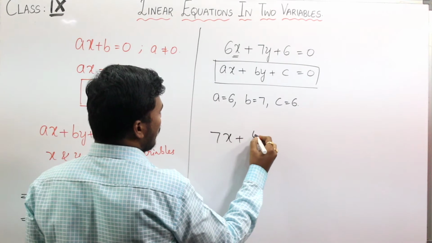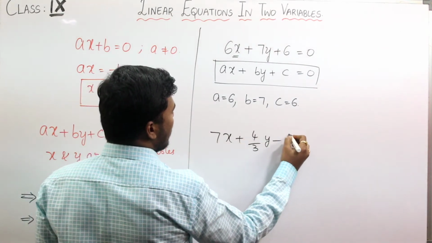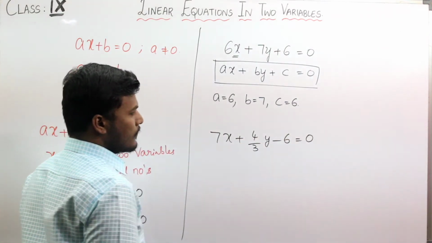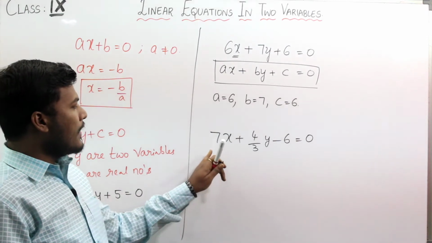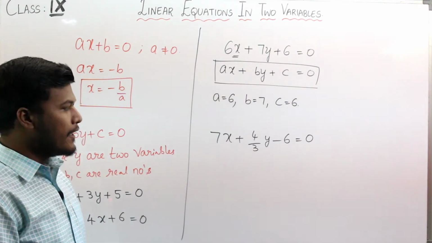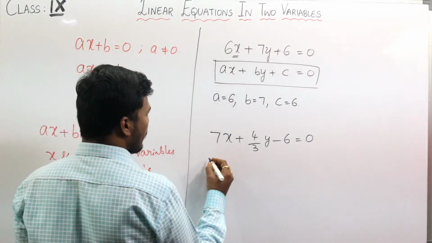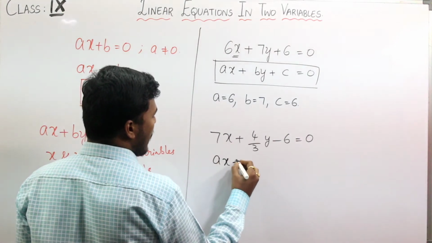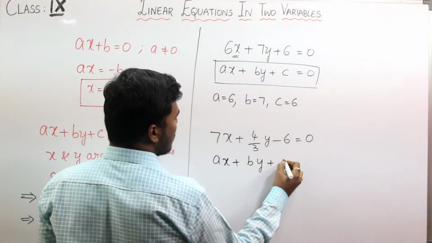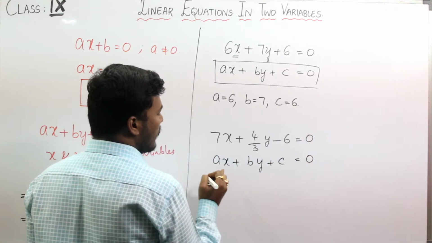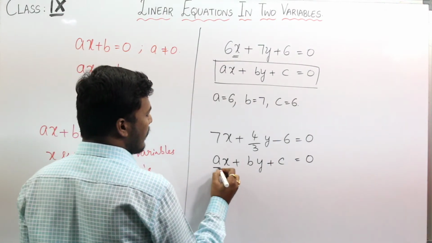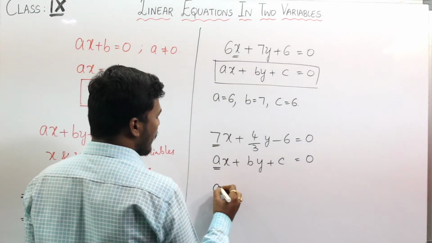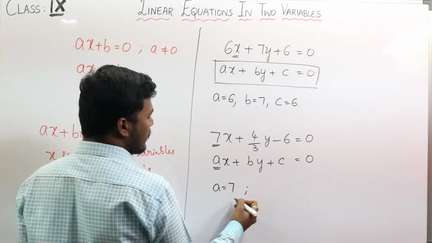Now let us see one more example: 7x plus 4 by 3y minus 6 is equal to 0. Now find a, b, c from this linear equation in two variables. First it should be compared with ax plus by plus c is equal to 0. After comparing, you just write the coefficient beside x, that will become a.